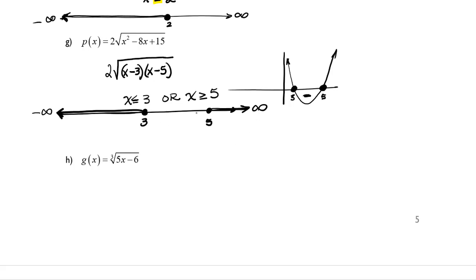And we throw out the interval that is negative between 3 and 5. So my domain for this function will be between negative infinity, so open parenthesis, negative infinity to 3, close bracket, union, open bracket 5, comma, infinity, close parenthesis.